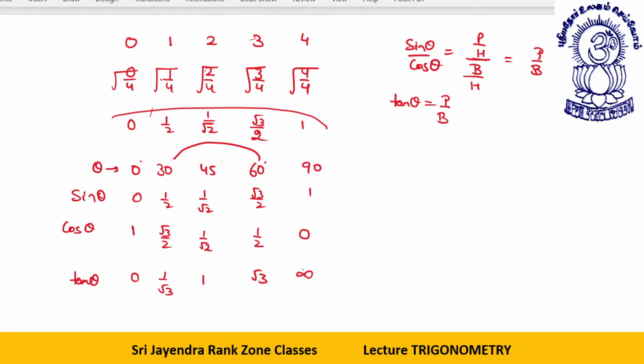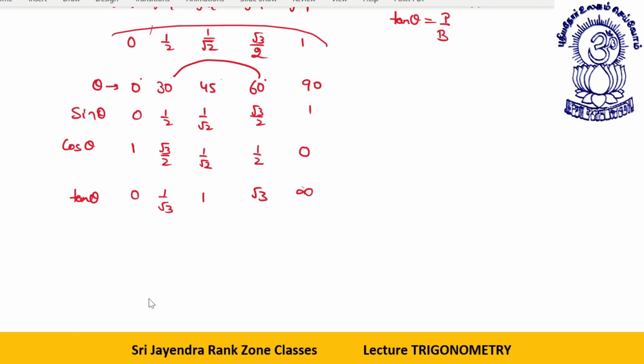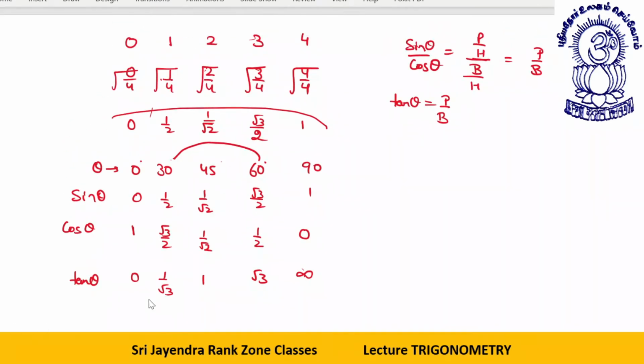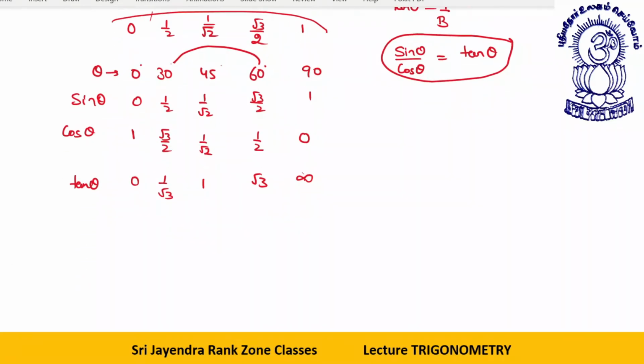Now I will write down the reciprocal values. Okay, you have got one thing, sine theta by cos theta is equal to tan theta. You have got this value. Okay, the next thing is, now what we say is, sine theta.